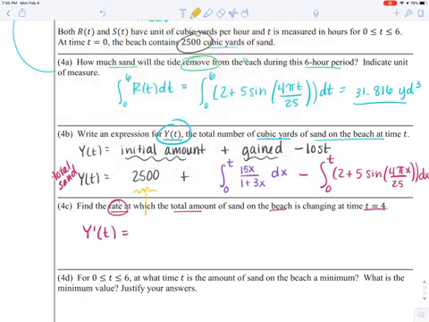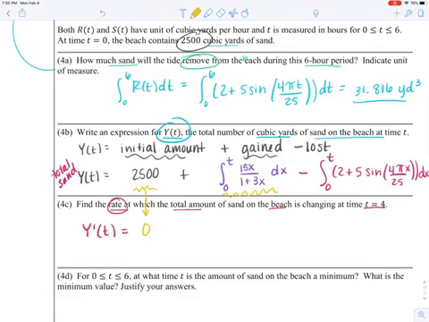When I take the derivative of 2,500, I get 0. When I take the derivative of this by second FTC, this should just end up being S of t.